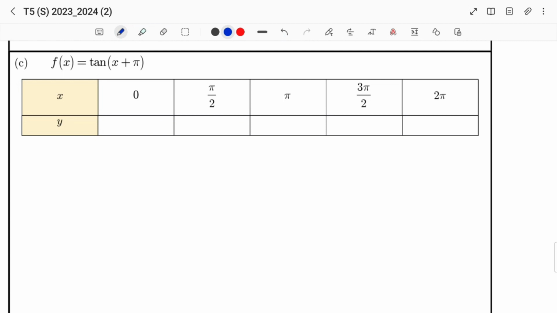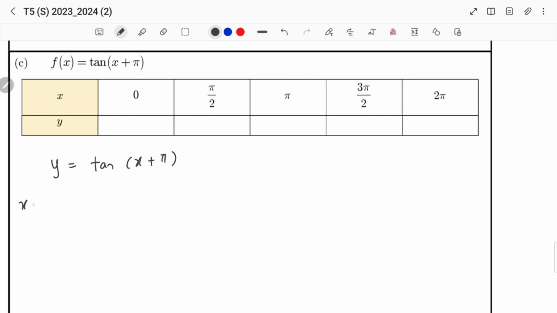For the tangent function, f(x) equal to tan(x + π). So we do the same thing. We find the values of y when x equal to 0, π/2, π, 3π/2, and 2π. So when x equals 0, we need to let f(x) equal to y first. y equals tan(x + π).